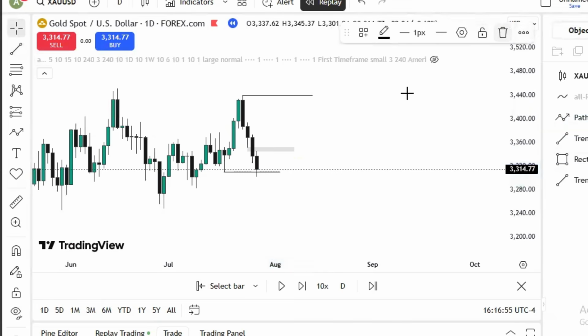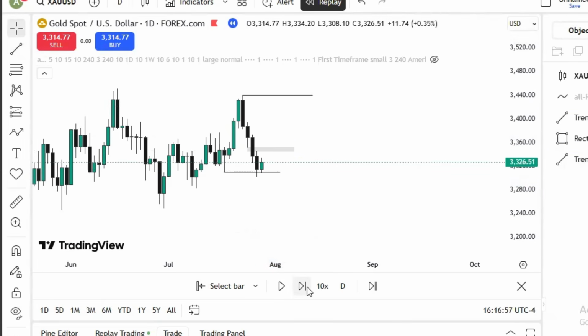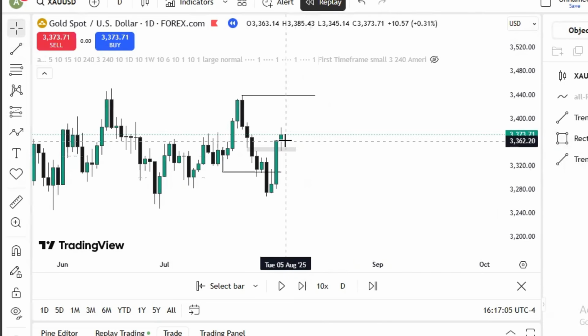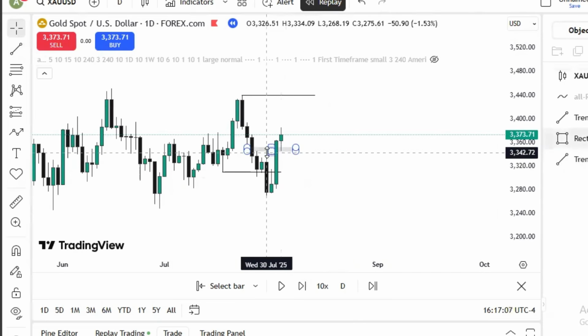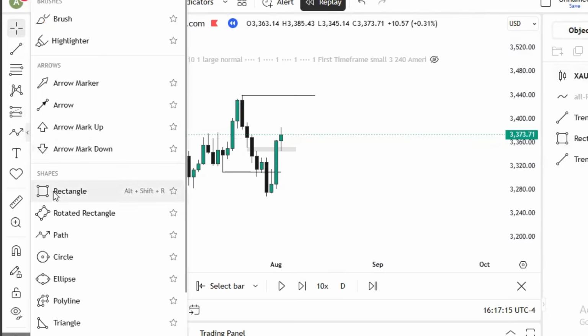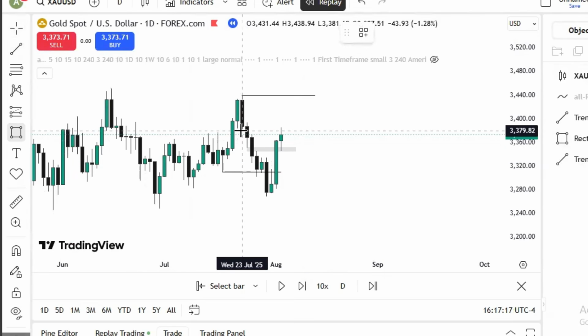Now let's see if the market wants to go bearish. Let's move price forward. So we could clearly see that if the market really wants to go bearish, then it would have respected this FVG and then pushed lower. Now, assuming that it didn't respect this FVG, we also have a bearish FVG over here.